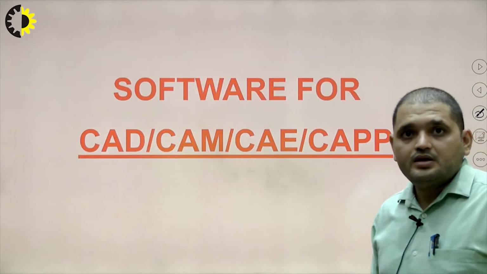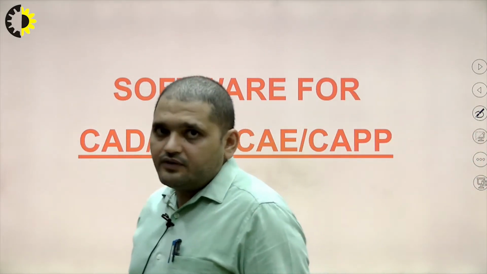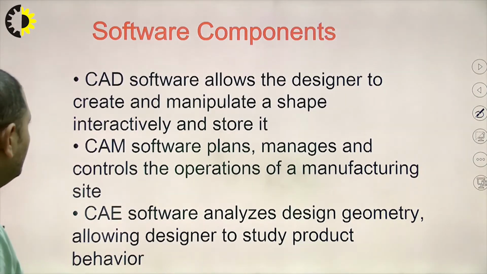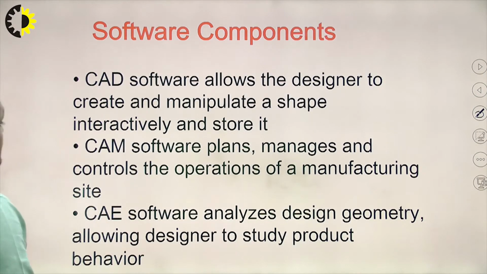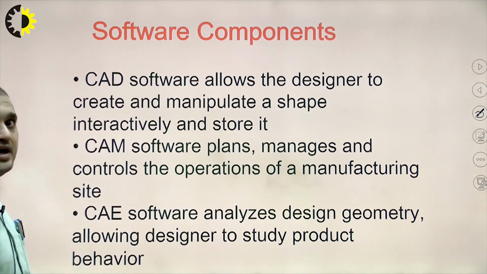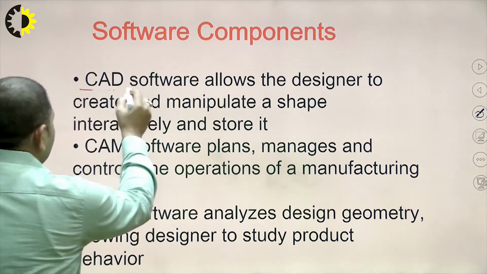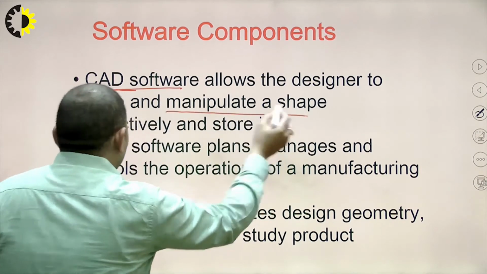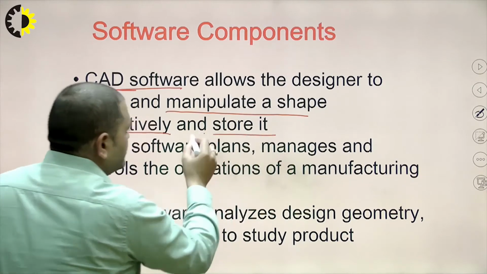Now the software which is available for CAD, CAM, CAE and CAP. So CAD software basically allows the designer to create and manipulate a shape interactively and store it. So the basic purpose of CAD software is to create, manipulate a shape interactively and store it.